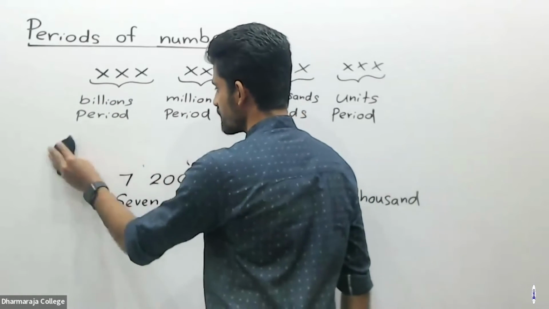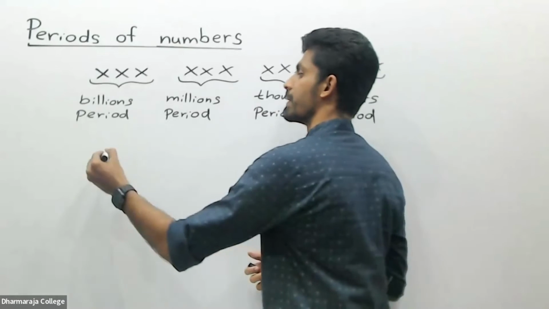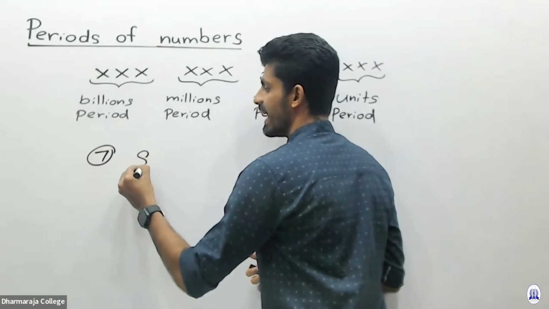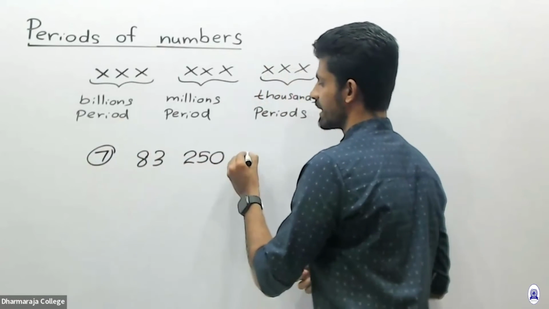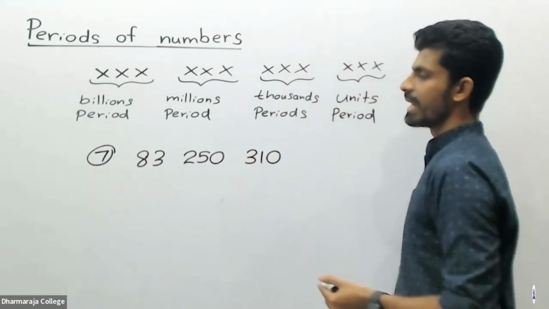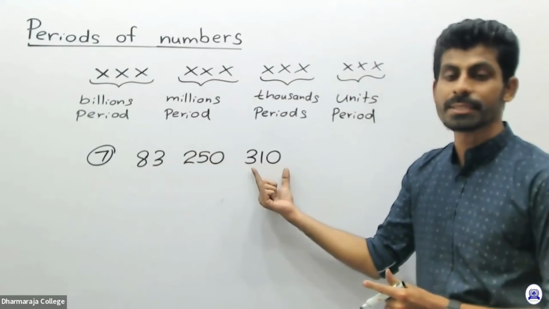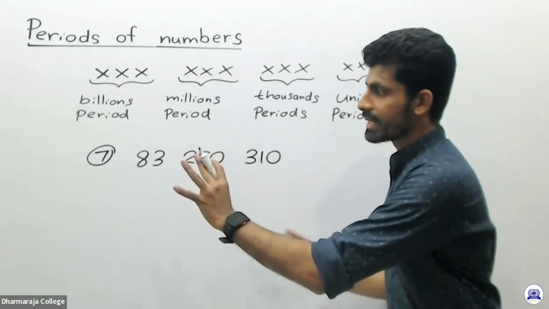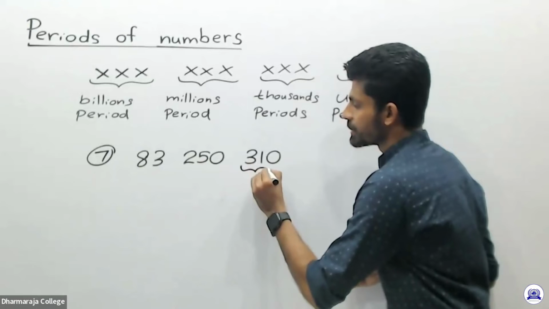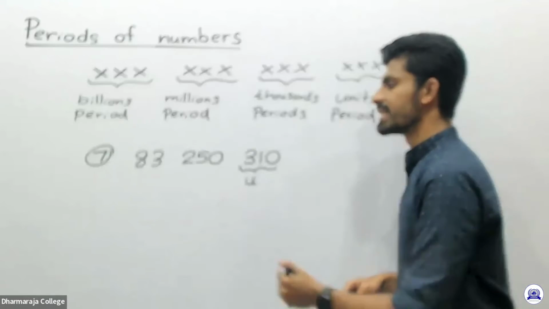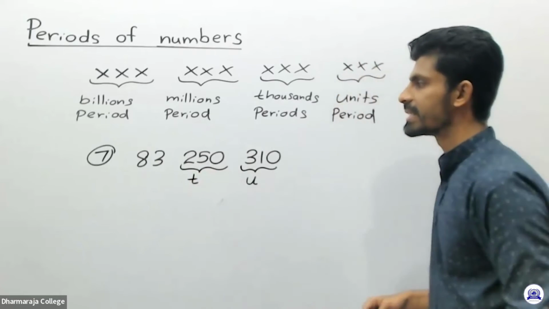Question number 7. 83, 250, 310. Look at this one. I already separated those numbers with commas. The first one is known as units period. The second one is known as thousands period.